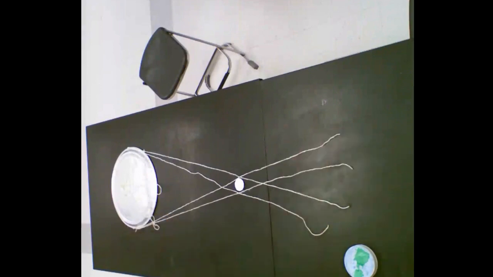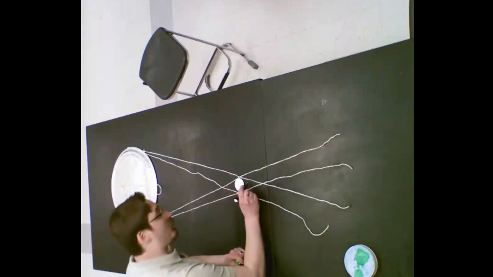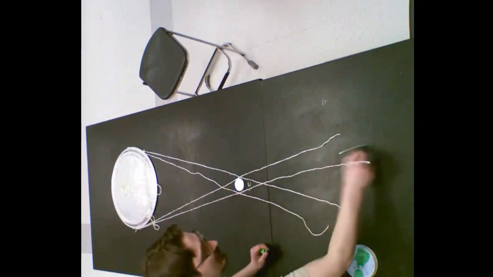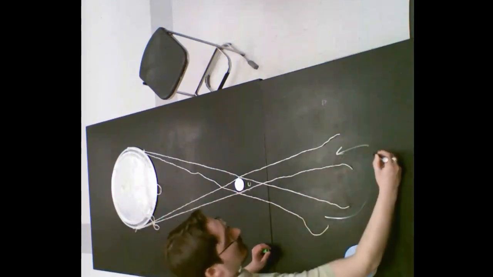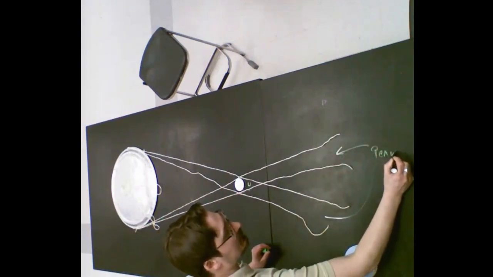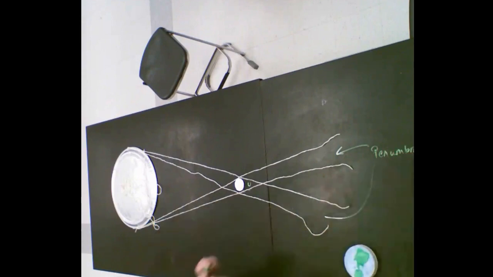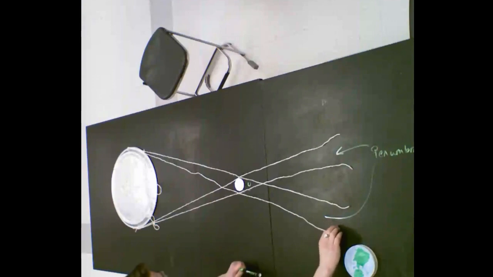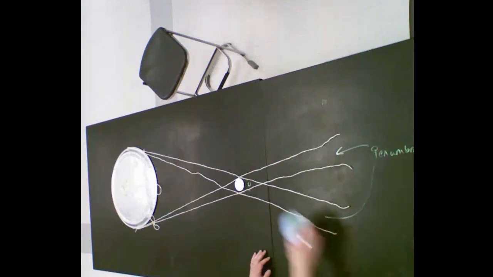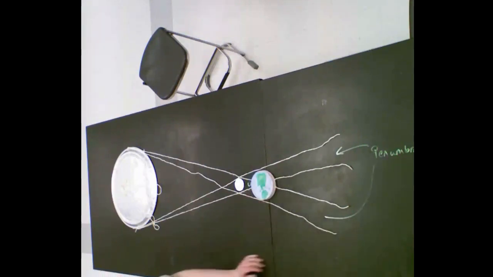And we form, once again, the umbra here and the penumbra. What you might notice, however, is the umbra is actually considerably smaller than the Earth, meaning the umbra can't completely cover the Earth.